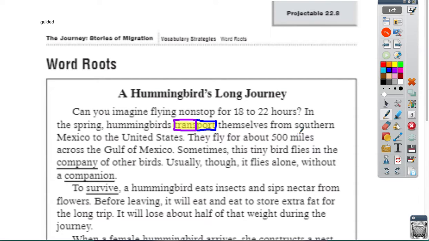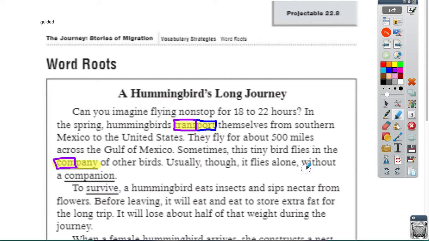They fly for about 500 miles across the Gulf of Mexico. Sometimes this tiny bird often flies in the company of other birds. Sorry guys, highlighting and talking is not my strong suit. But if you take a look, I want to underline now, we have the word root com, which means together. Well, that makes sense. The birds are flying together.